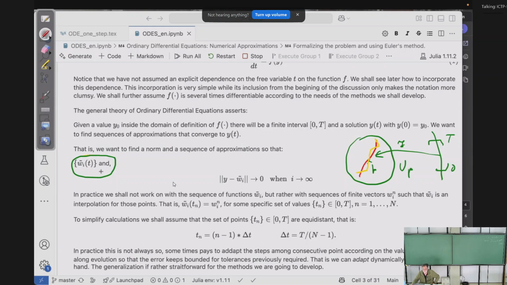For some applications you construct this, but in general you just stay with the points. So what we are going to compute is some set of points along like this. And then we will find the W twiddle by interpolating these points, a linear interpolation, as we did yesterday for proving existence.